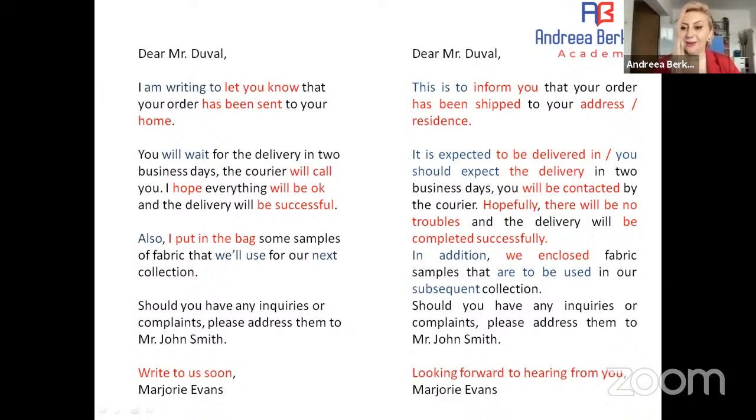Okay, so we have, as a matter of fact, two types of writing. One is unofficial, the one that we said is informal, and the other one is the formal one. I think I will read the informal part so that you can tell us how the formal part should sound. Is that okay? Okay, great. So we have a Mr. Duval.